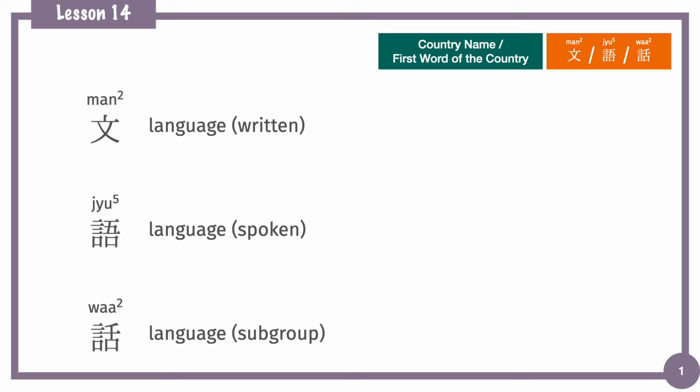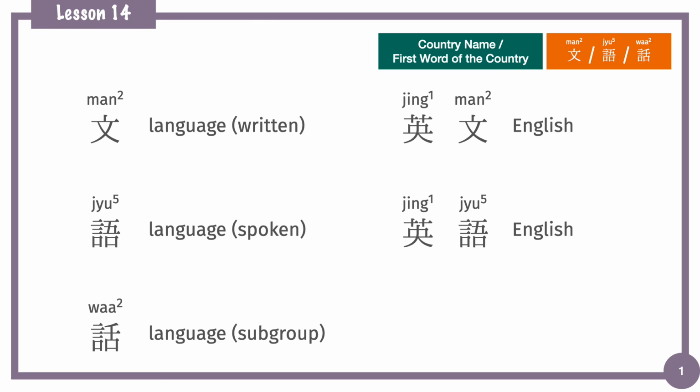When we want to say a language, we just need to add 文, 語 or 話 after the country name, or the first word of the country, or the place name or the first word of the place. For example, English: for written it is 英文, and for spoken it is 英語.